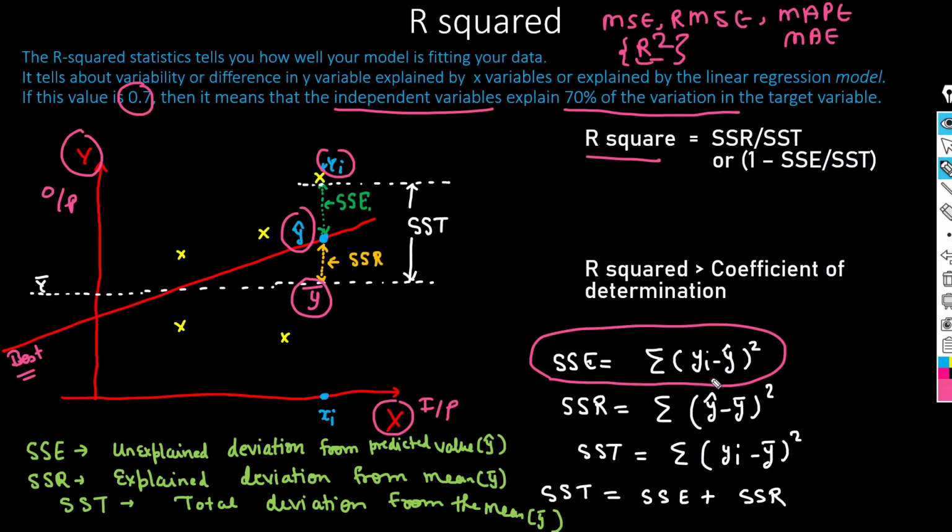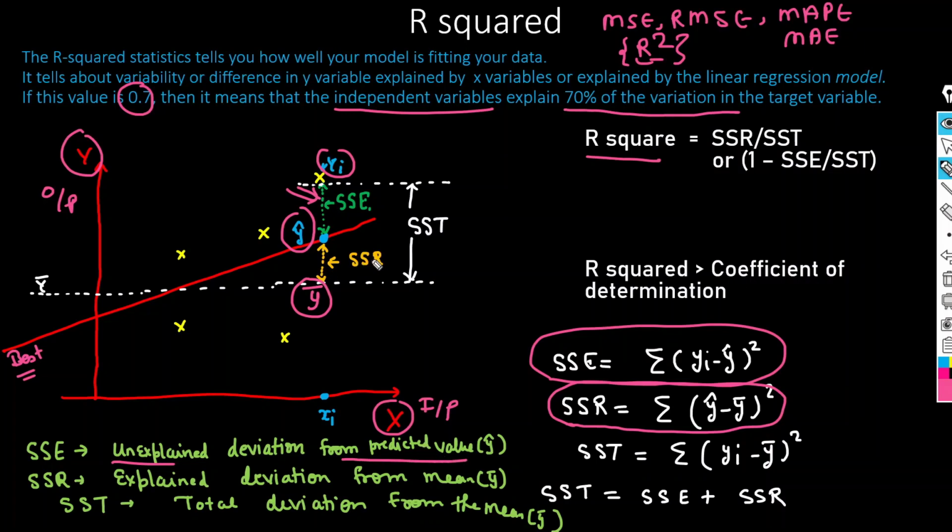We already know that. And if we want to check the difference between the predicted value and the mean value, that is called sum squared due to regression. This SSE is called your unexplained deviation from the predicted value.